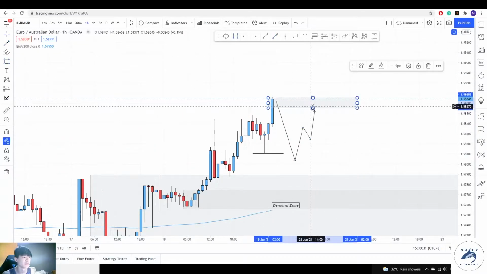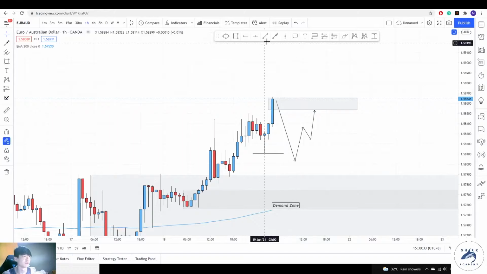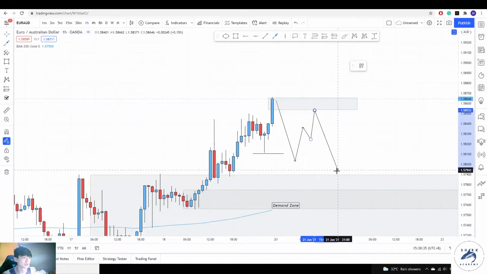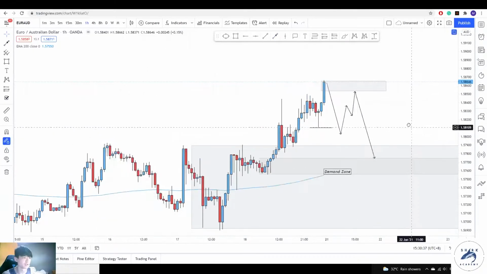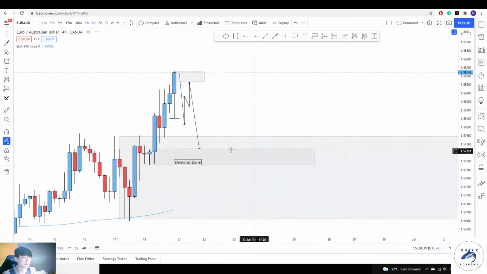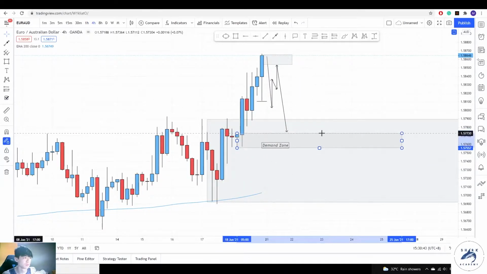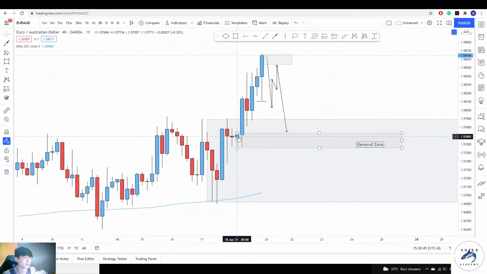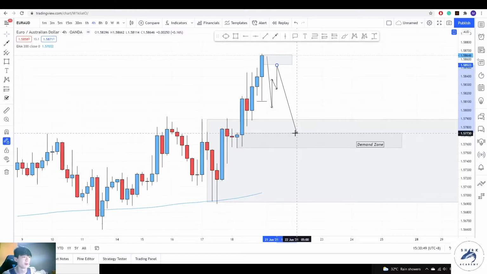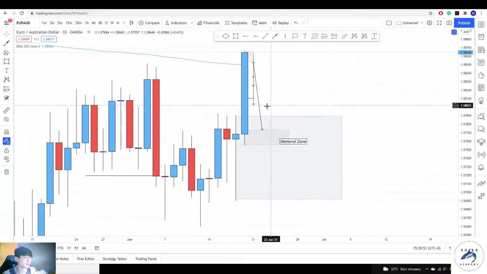So imagine that there is a supply zone left unmitigated inside of here, and this should push prices down towards our demand zone on the 4-hour as well as the daily time frame. So this is the 4-hour demand zone. Yes, demand zone right over here. You can see that it liquidated these positions. So we are likely to look for buys inside of here or deeper areas into our daily demand zone.